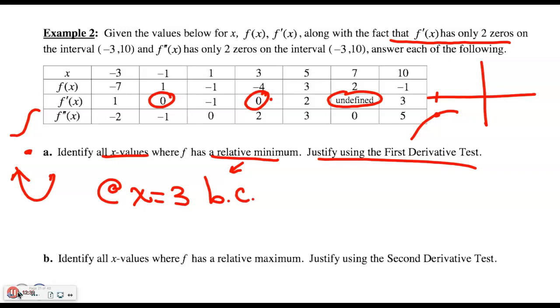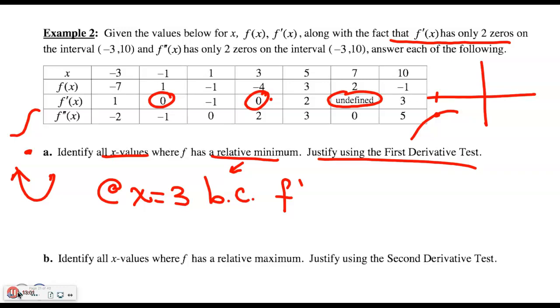This is where you have to be careful. You can't say because it changes. You can't say because f prime changes signs. What do you think you have to say? F prime what? You have to be very specific. Can't use it because we have 3 levels, right? It could be it. And it's not because it changed signs.